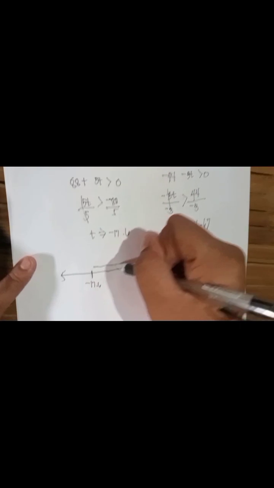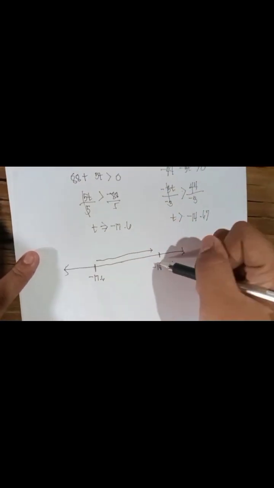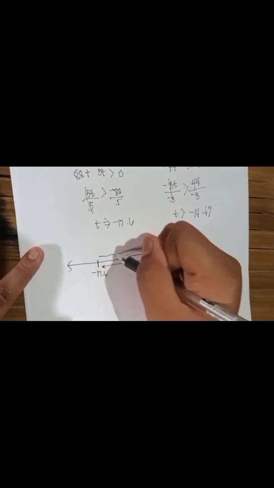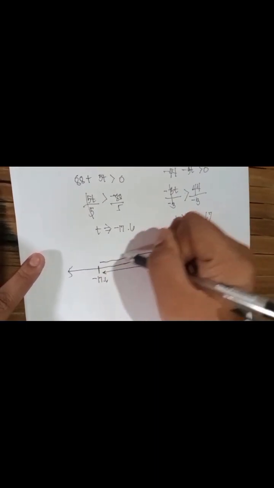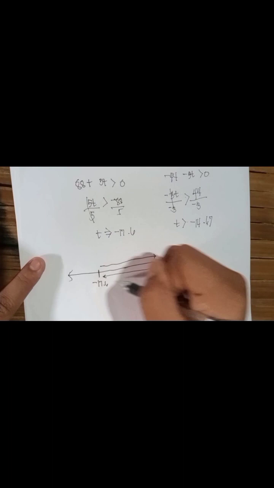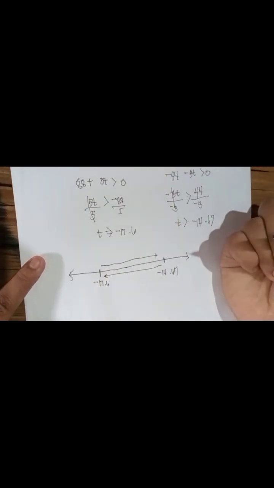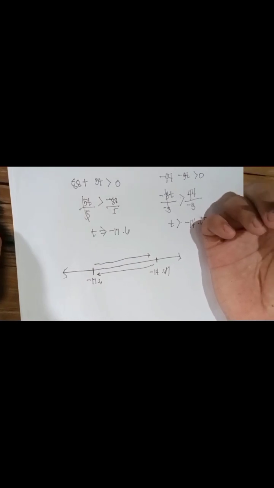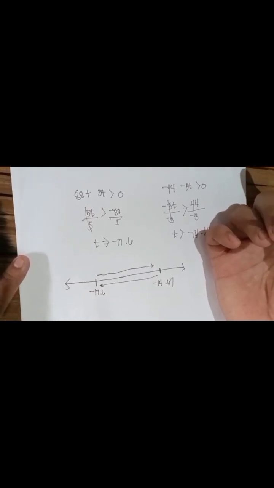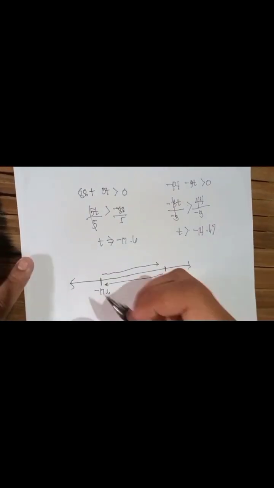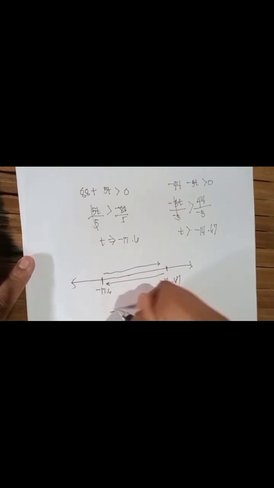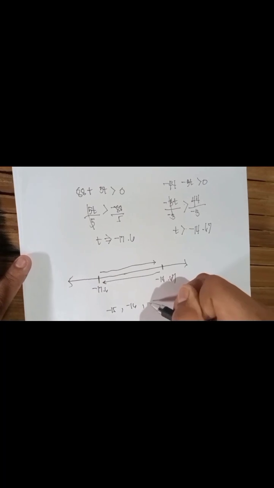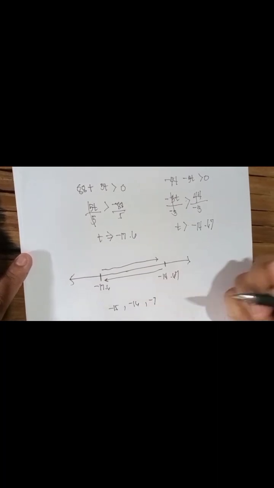These are the values of t that we can use to get the positive integer values of x and y, which are negative 15, negative 16, and negative 17.